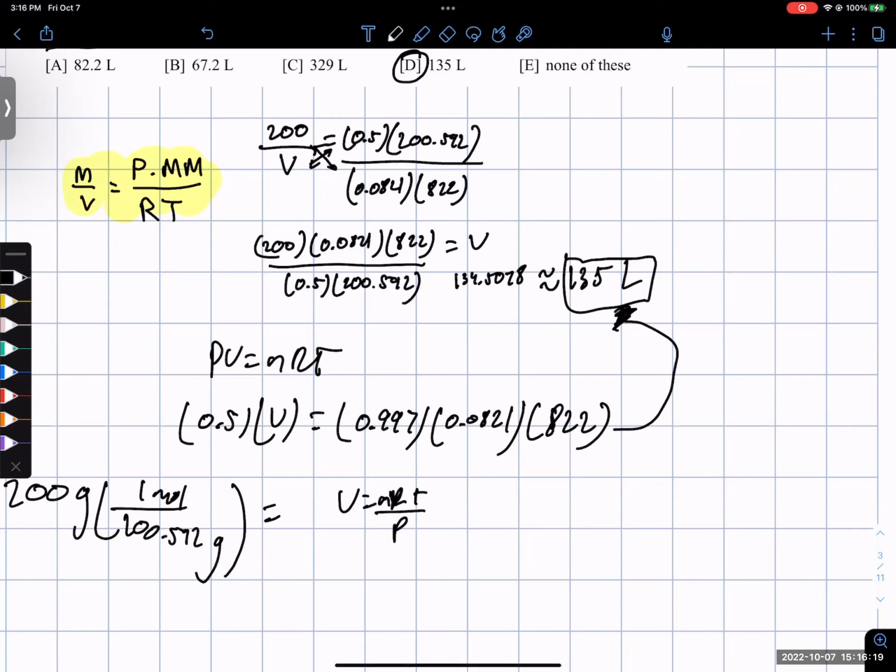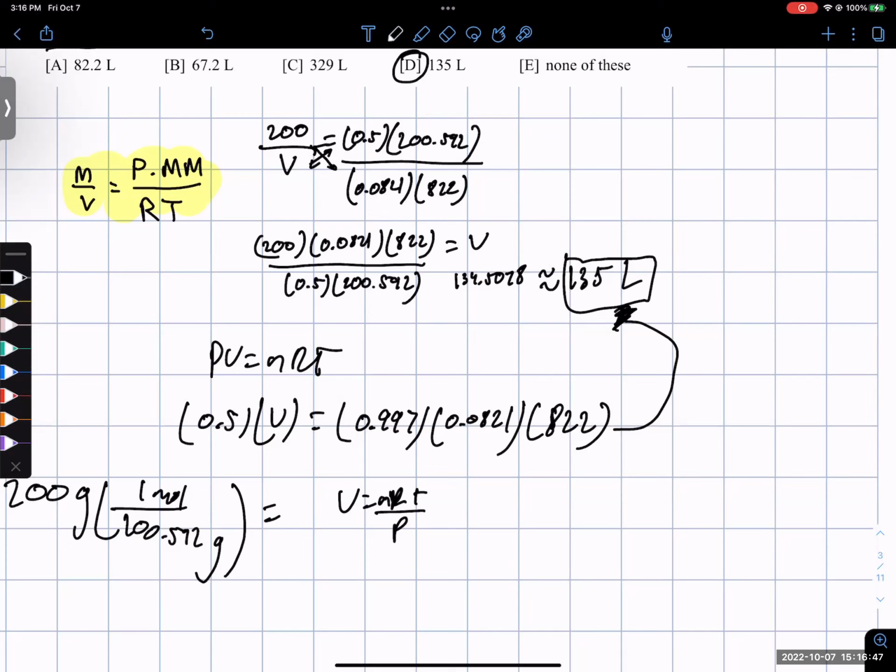But that's way too long and complicated. You have to do the extra step of converting from grams to moles, and nobody likes looking up molar masses. So look up the molar mass at the beginning so you don't have to later. As a general rule, if I ever see grams in these problems, I'm going to use M over V equals P times the molar mass over RT, the highlighted equation.